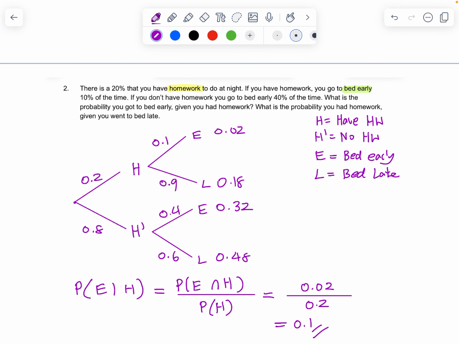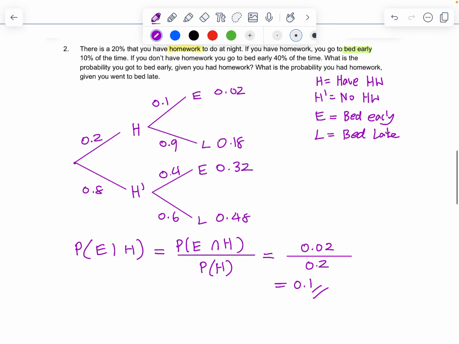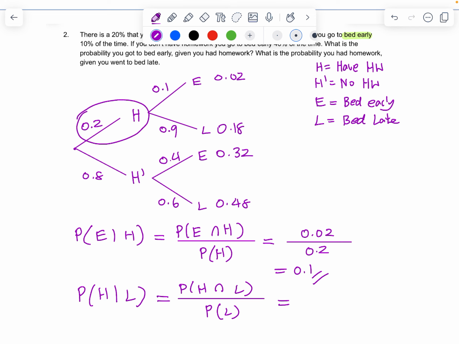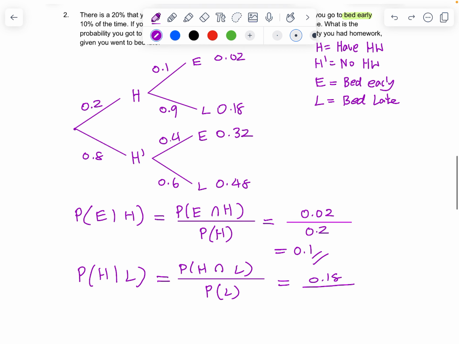Next, what is the probability you had homework given you went to bed late? And so again, write down clearly what is going to happen. Here, the probability that you're going to get homework and you're going to sleep late is 0.18, divided by the probability of sleeping late.